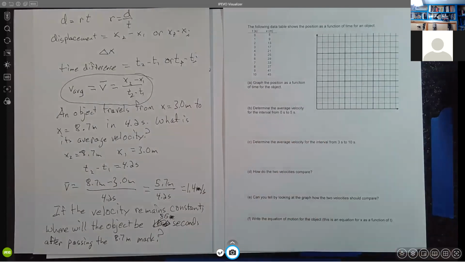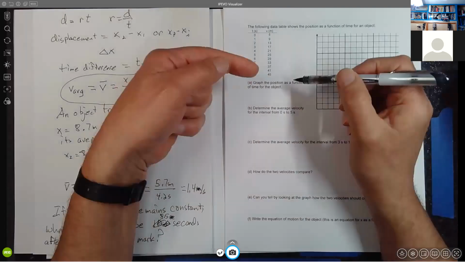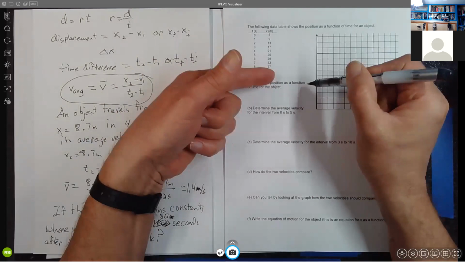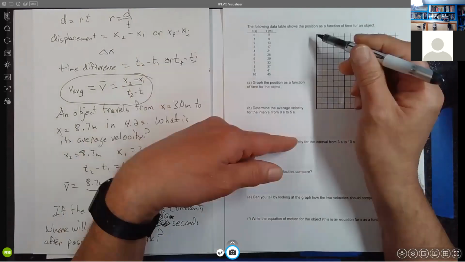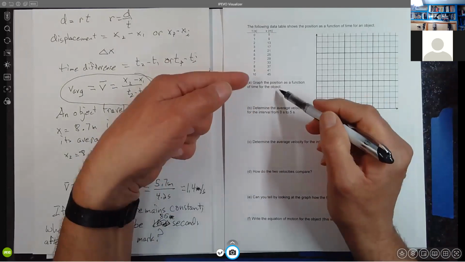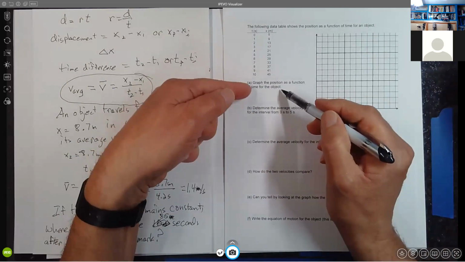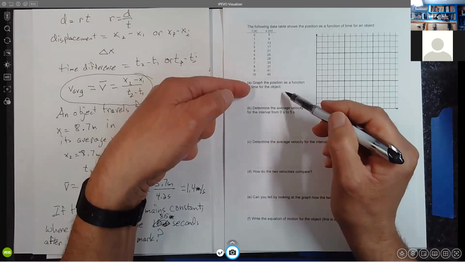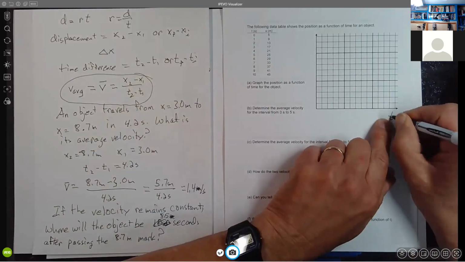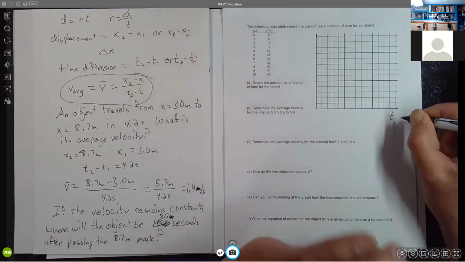Now, here's the thing about graphing. Whenever you're making a graph, the thing that comes before "as a function of" goes on the vertical axis, and the thing that goes after "as a function of" goes on the horizontal axis. So we're going to have time on the horizontal axis. That's the thing it's a function of.